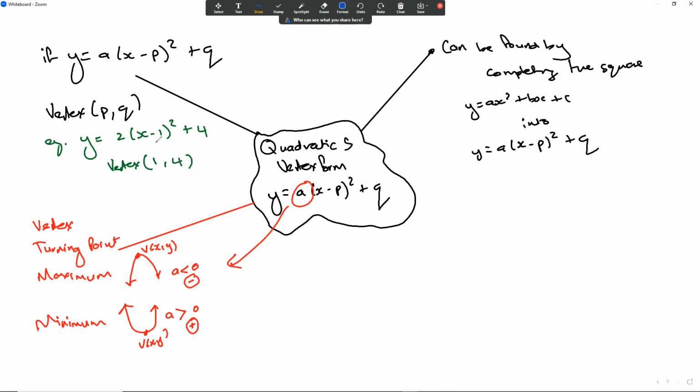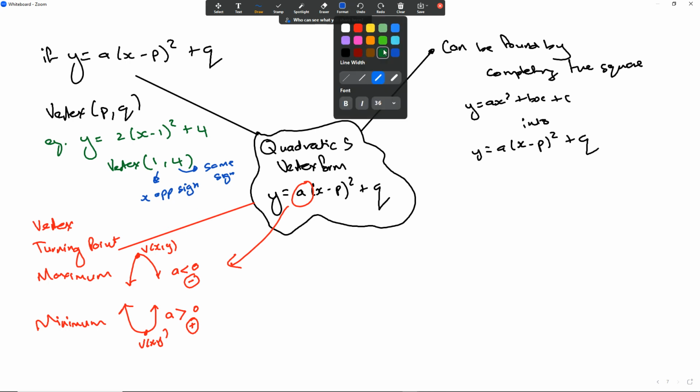What you'll notice is that the x value is always the opposite sign, and the y value is the same sign. The opposite of negative is positive, and the same sign as positive is positive.